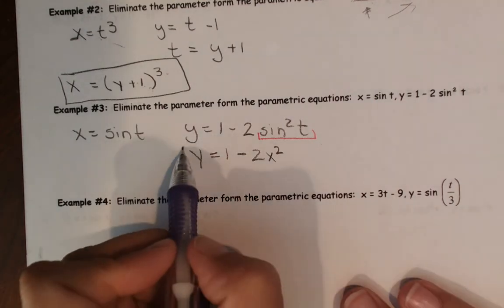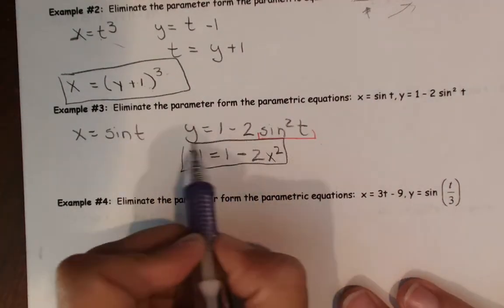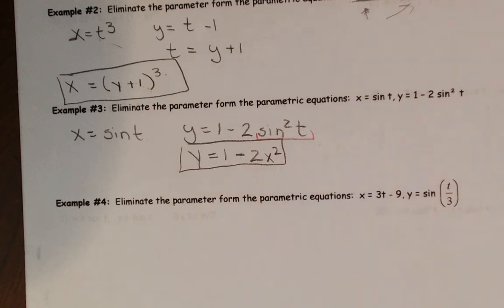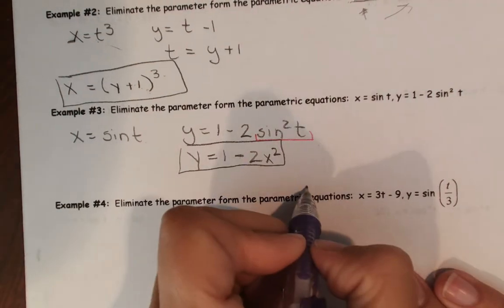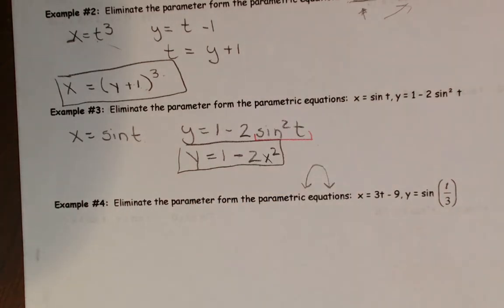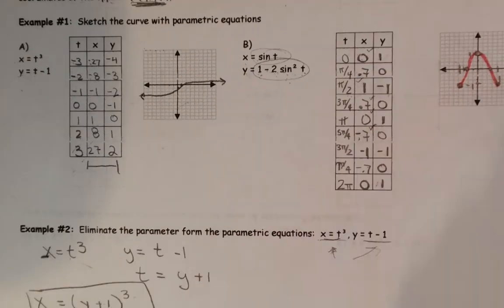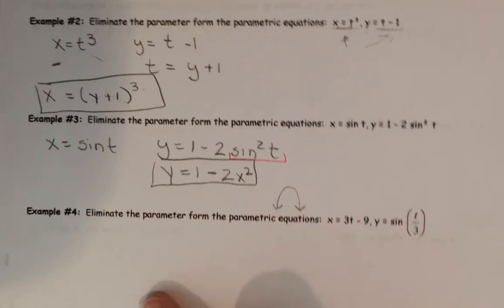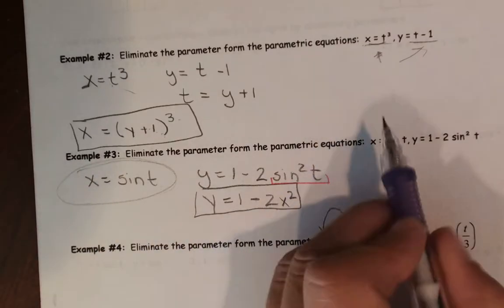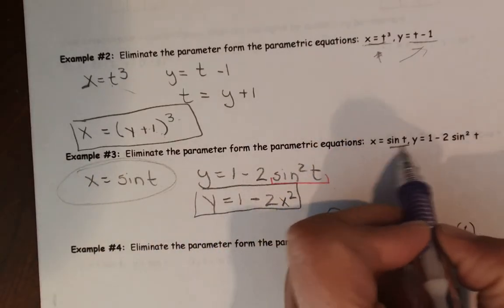Okay, so I think I've eliminated the parameter here. But if you think about that, that would be a parabola that goes on and on in both directions forever. But up here, it didn't. So where are those restrictions coming from? Well, this is what we eliminated.